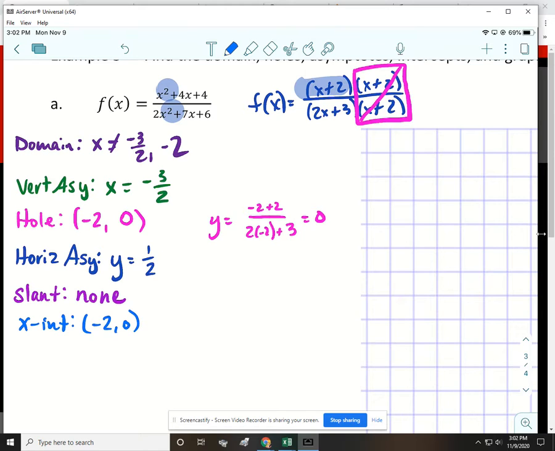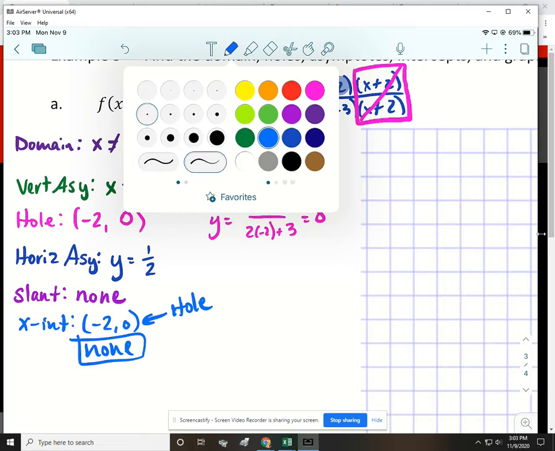Is that another point that we've already talked about? Sometimes this happens. This is actually also the hole. So if there's a hole right there at the x-intercept, that means there's really no x-intercept. The hole can't intercept it because there's actually not a point there.